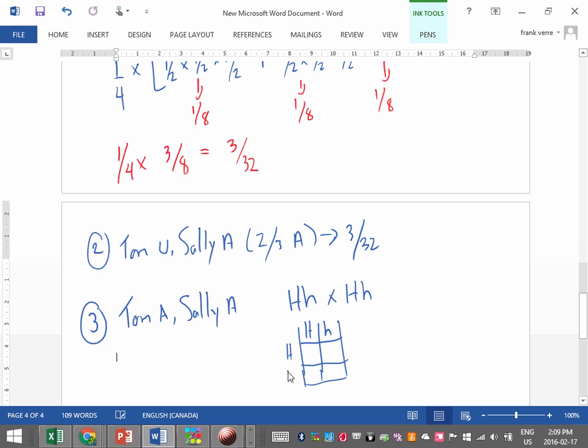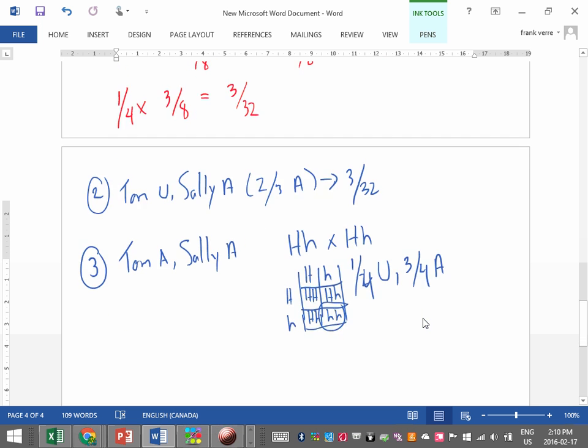So this one is homozygous dominant. This one's hetero. Hetero. Only 1 in 4 is unaffected. 3 in 4 is affected. So you can see the probability is not the same as the other one, and the other one was a half and a half, right?